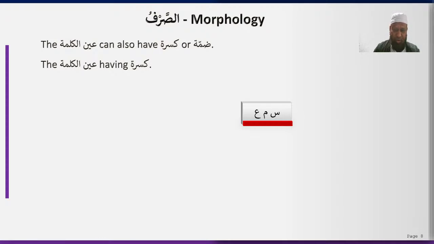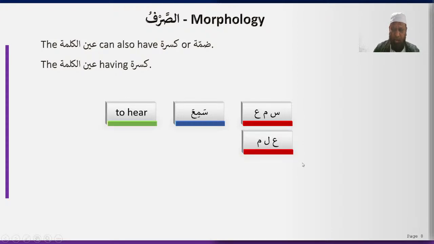These three root letters, sin, mim, ayn. The aynul kalima, which is the mim over here, will have a kasra. Sami'a, to hear. Ayn, lam, mim, the middle letter is the aynul kalima, the lam will have a kasra.